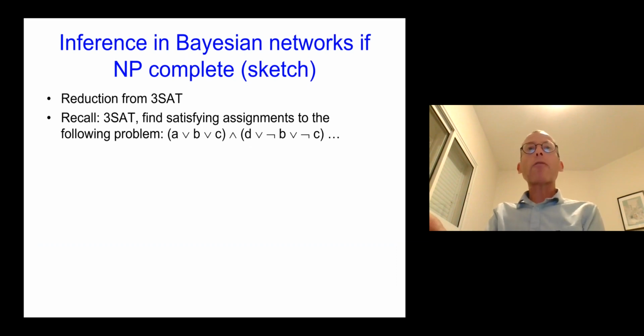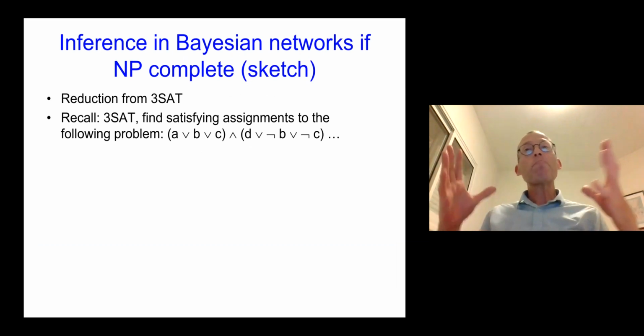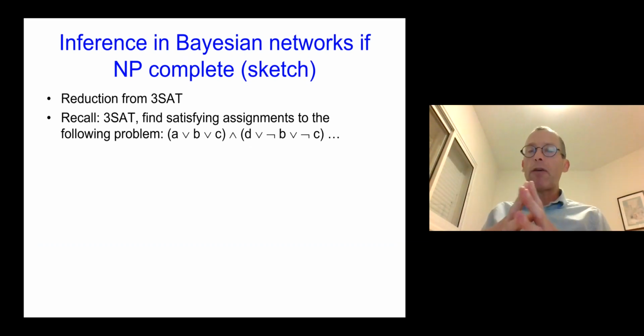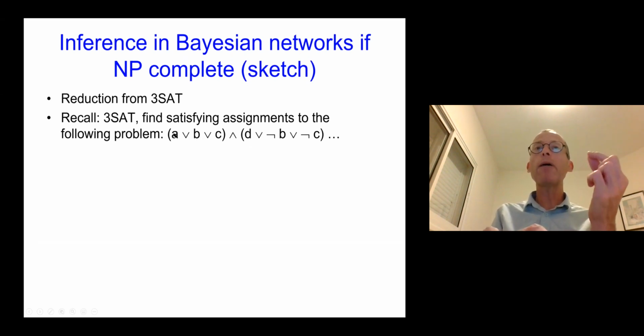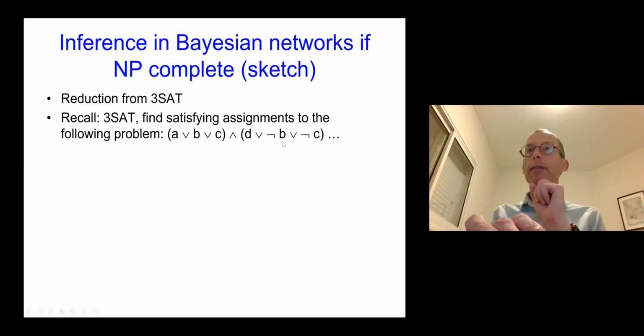In order to do that, we reduce it from a problem called 3SAT. 3SAT is really the canonical NP hard problem, one of the base problems of this family. 3SAT is a problem of finding assignments to random variables, which are organized in a conjunction of disjunctions. Basically, we take the OR of 3 variables, and then we take the AND of all these triplets.